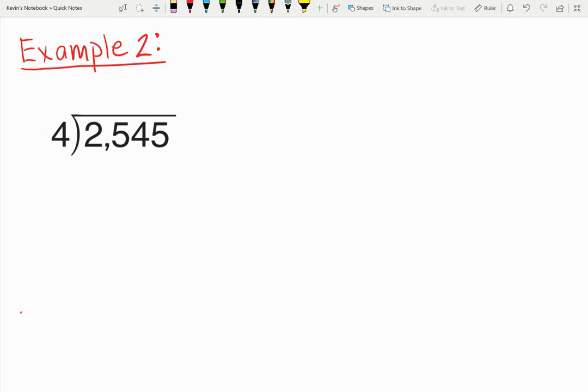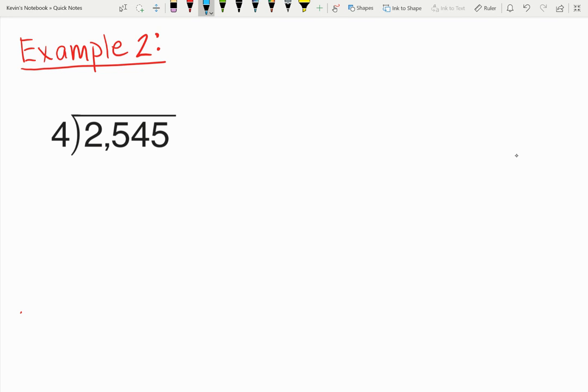And I'm going to think, what times 4 can I get close to 2,500 or even 2,000? So I recommend when you do partial quotients using friendly numbers like 500, 100, 25, 10s, 11s, just friendly numbers. And remember, you don't have to get it exactly right the first time. You don't have to go for the whole amount. You're going to work your way down.